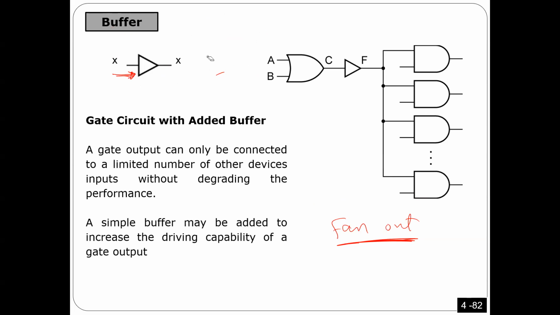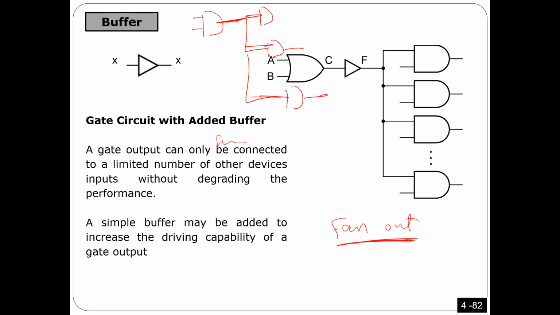Fan out is how many, for example, if I buy an AND gate and the data sheet is telling me the fan out is 3, what does it mean? It means I should not connect more than 3 here. Okay? This is what we call fan out. So the output here should not be connected to more than 3. The maximum is 3.